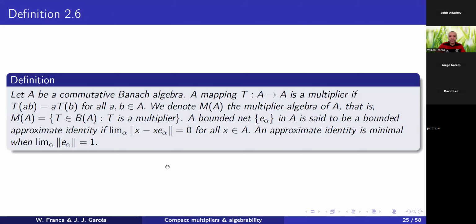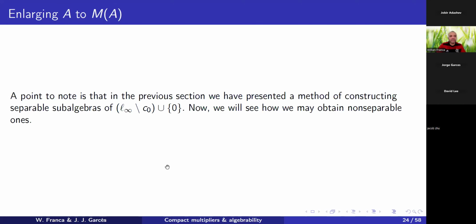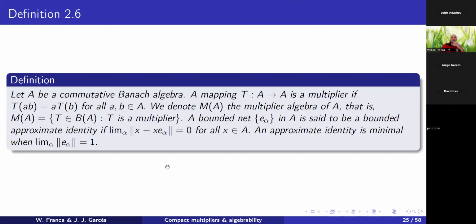In order to do it, we're going to present a little bit more definition, but again, I just want to present the definitions to give you a general idea of the framework. We are not going into technical details, but just to give you some sort of taste of what is behind. So once again, A is a commutative, associative Banach algebra.